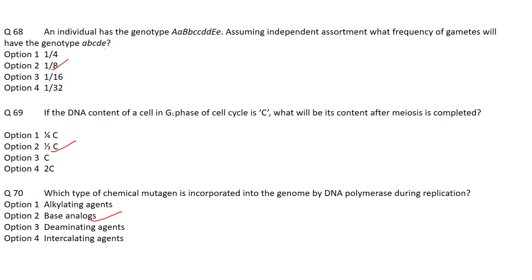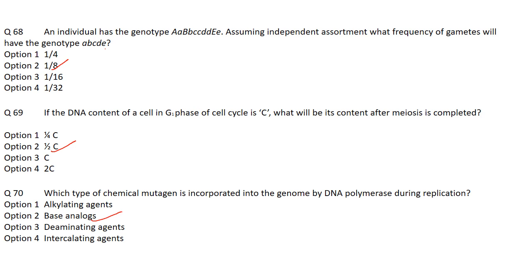So how many heterozygotes are there? Capital A small a, capital B small b and capital E small e. So totally 3. So 2 raised to 3 is 8. That is the total number of gametes. Out of that you will get only 1. 1 out of 8 will be the A, B, C, D, E genotype. So answer is option 2.